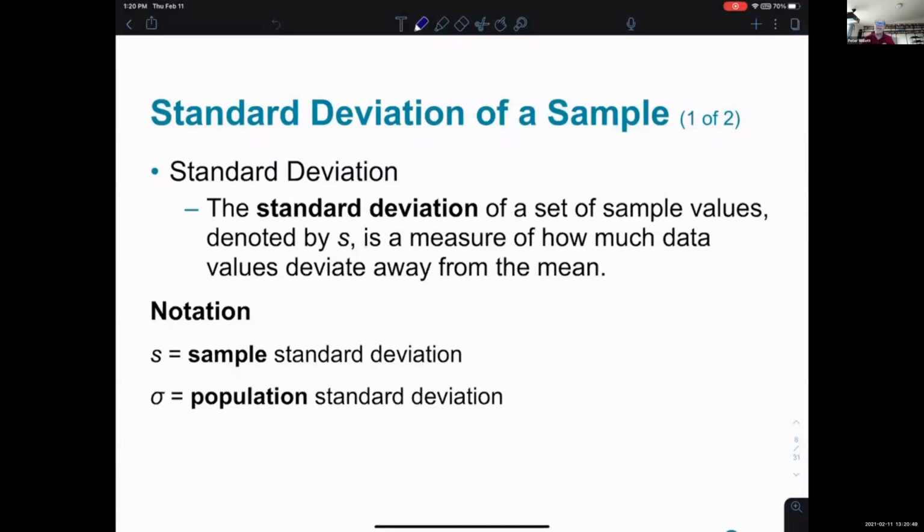But yes, the convention in statistics will be to use our normal Roman letters for things that were taken from the sample, and then these funny looking Greek letters for things that are talking about the entire population. They kind of stick to that through the course. All right, cool. Other questions while we're here?